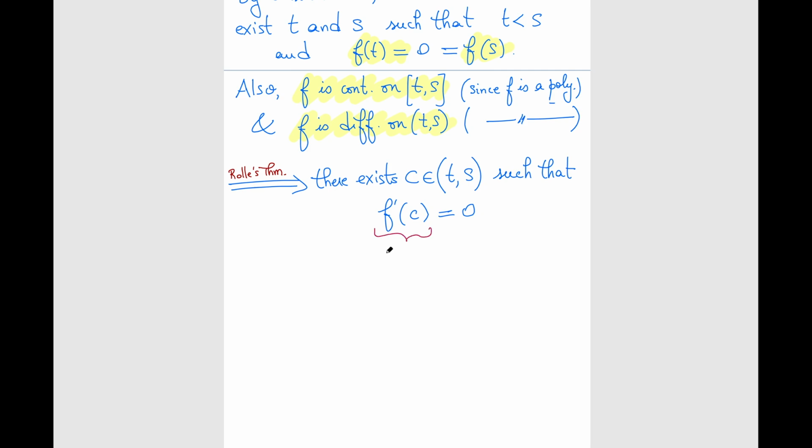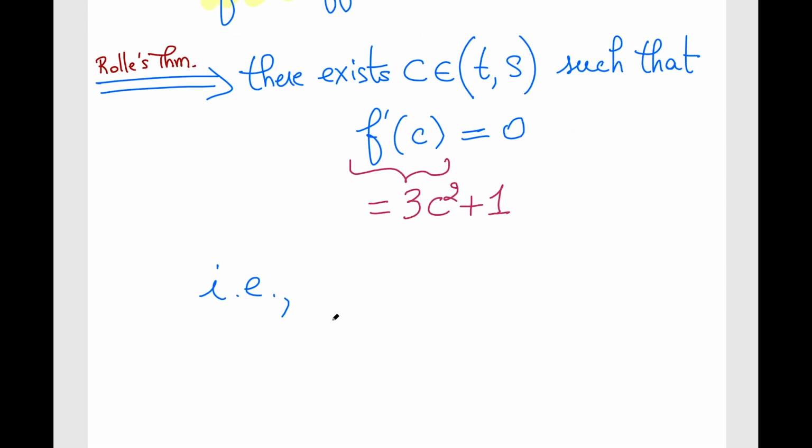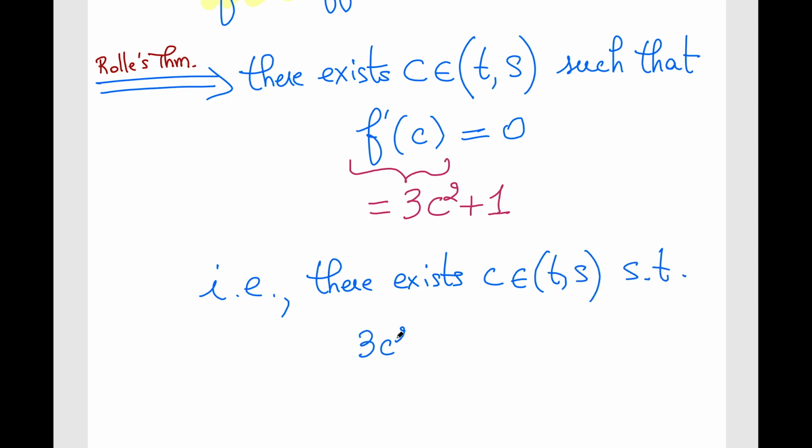Correct? So, i.e., there exists a number c between t and s such that 3c squared plus 1 is equal to 0.